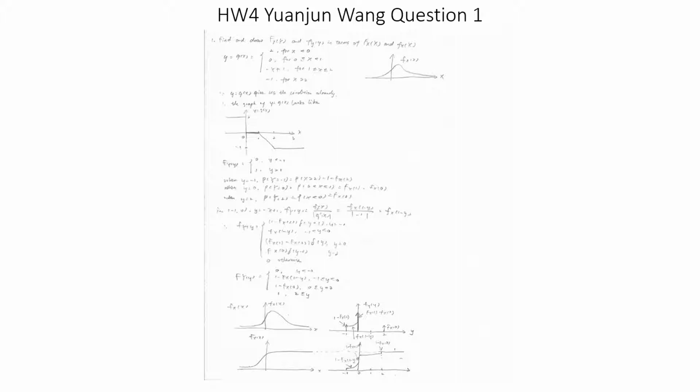And as you can see in the graph below, for example on the fy of y, the first will be the impulse function of 1 minus Fx of 2, and then between negative 1 and 0 it is going to be equal to the function Fx of 1 minus y, and then when y equals 0 it is going to be the impulse function of Fx of 1 minus Fx of 0, and then when y is equal to 2 it is going to equal the impulse function of Fx of 0.